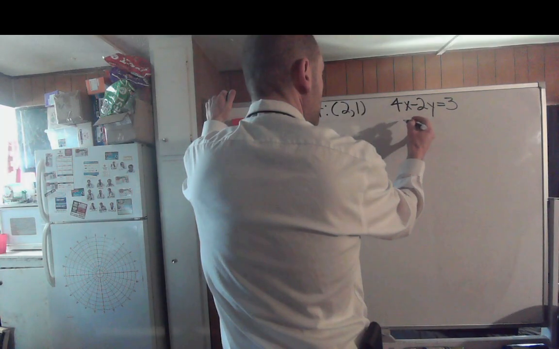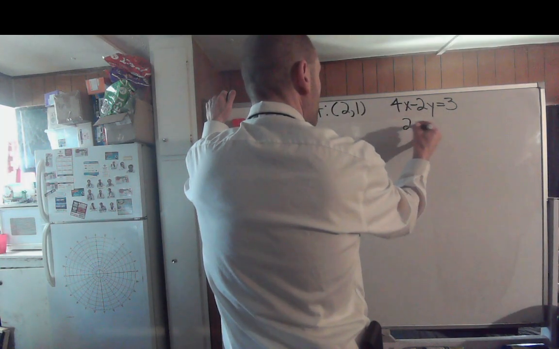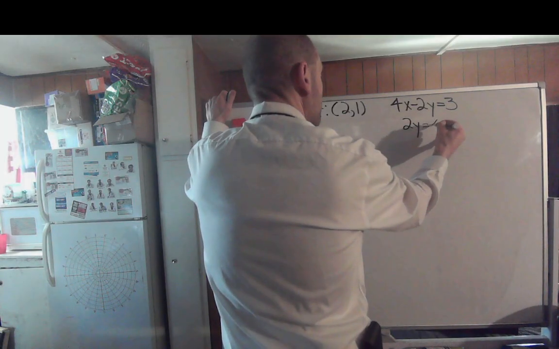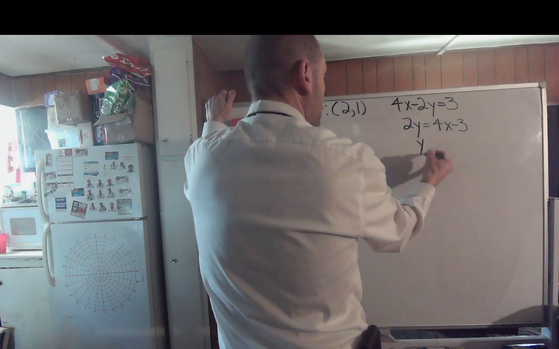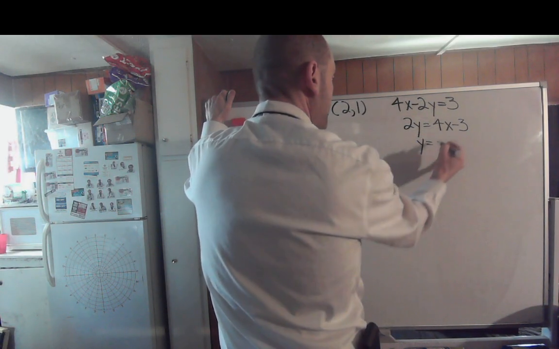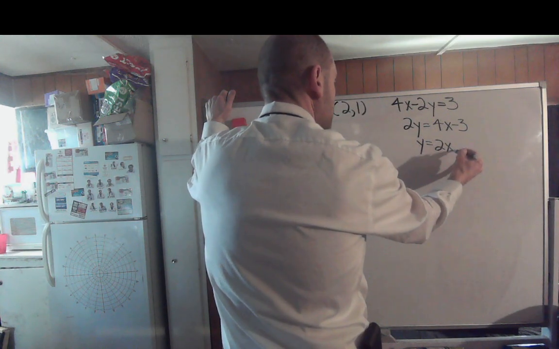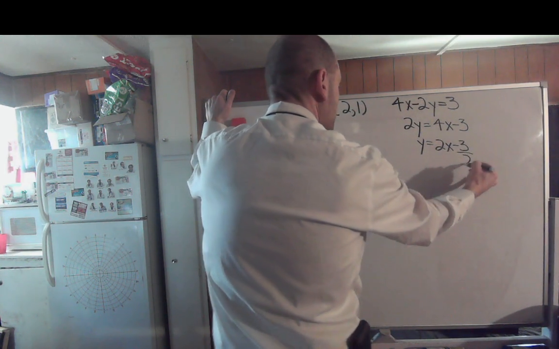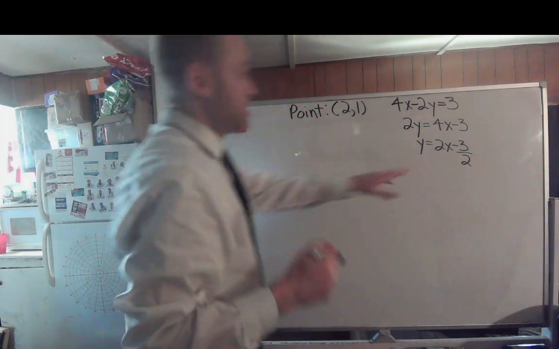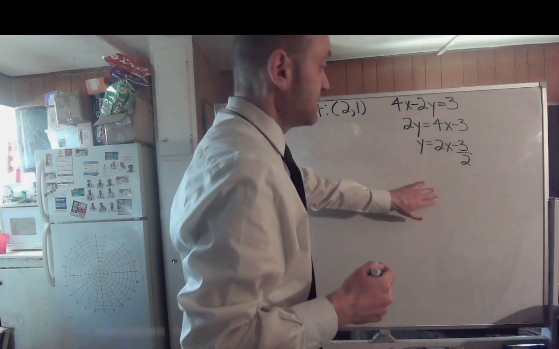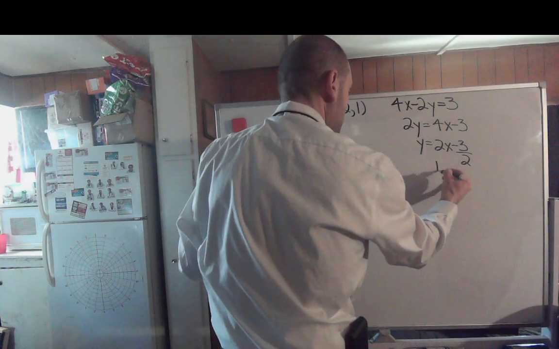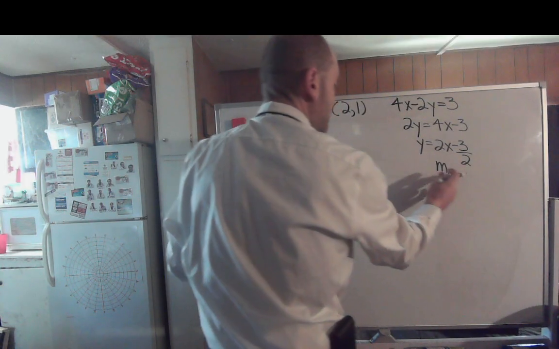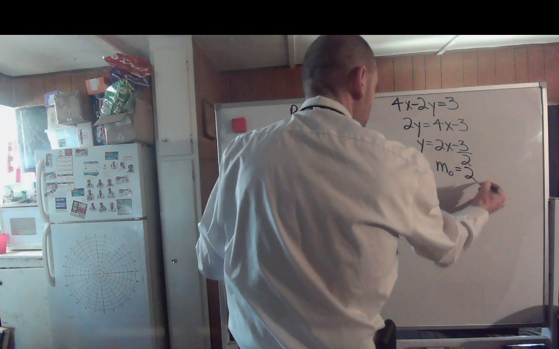So this would end up being 2y equals 4x minus 3, which would mean y equals 2x minus 3 halves. So the slope of this line that they give us is 2, right? The slope is 2. We'll call that m sub 0 or m sub original. That equals 2.